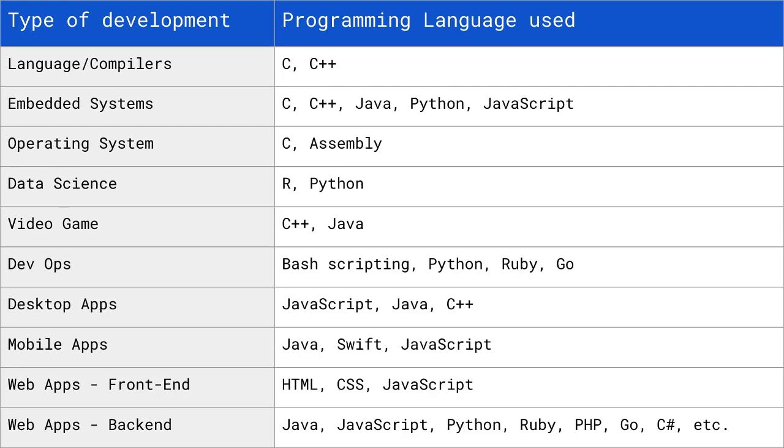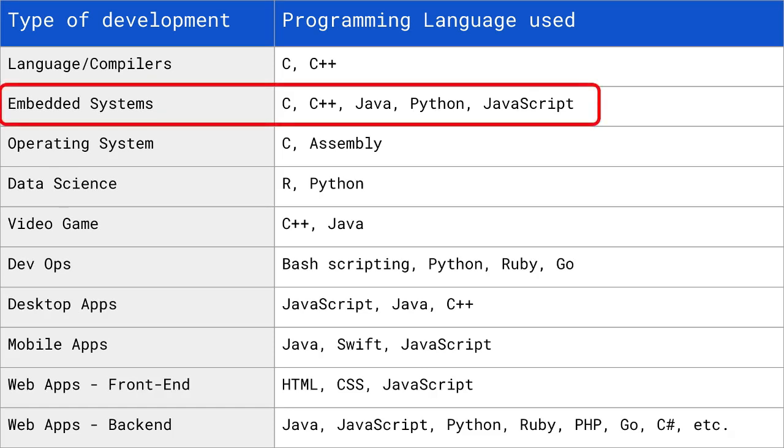So for instance, when you are, let's say, an embedded systems developer, the programming language which is used to perform that particular task is either C or C++ or Java or Python or JavaScript. These are some popular languages. Of course, there could be one or the other or a combination of some, but it depends on the company you work for which tools they choose.